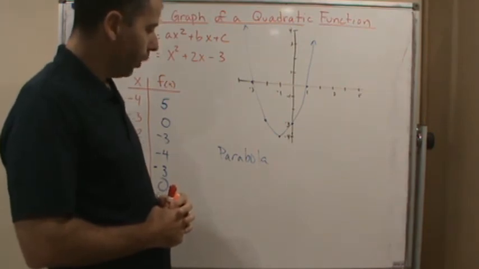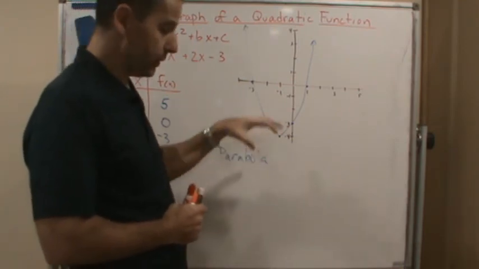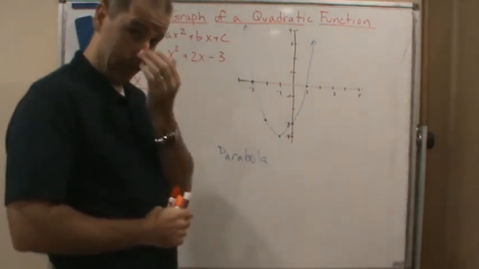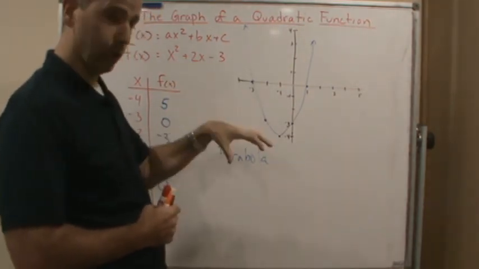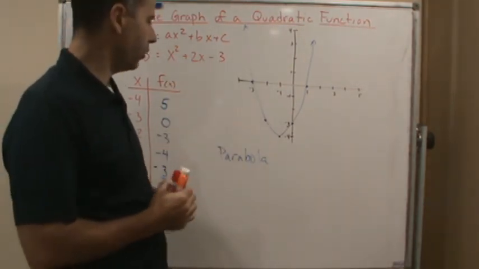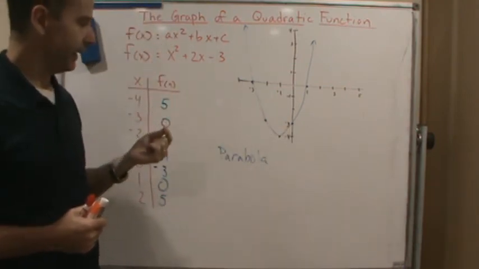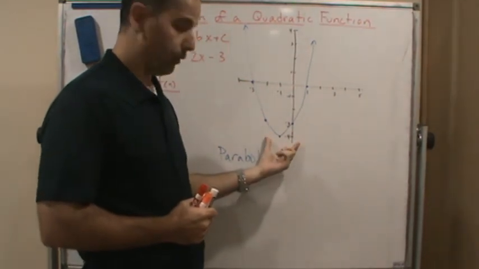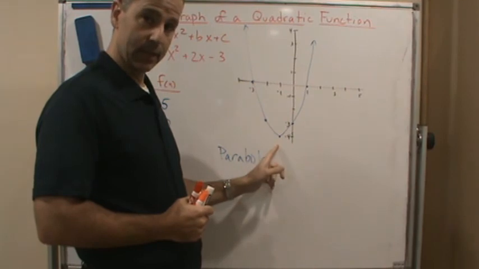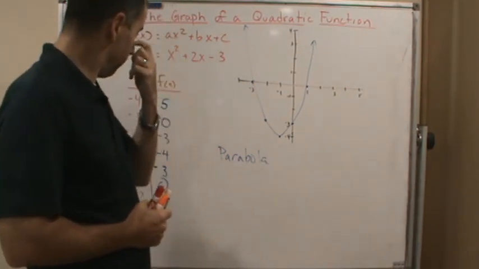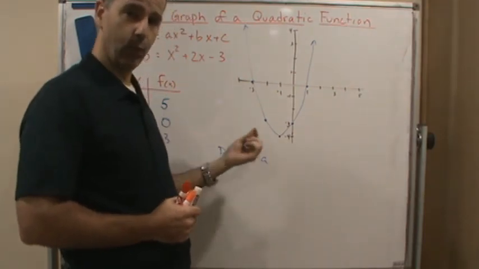Now, the graph could open downward. If it opens downward, then the extreme point is a maximum point. What causes this? The value of a. If a is positive, the graph opens upward and we have a minimum point. If a is negative, the graph opens downward and we have a maximum point.